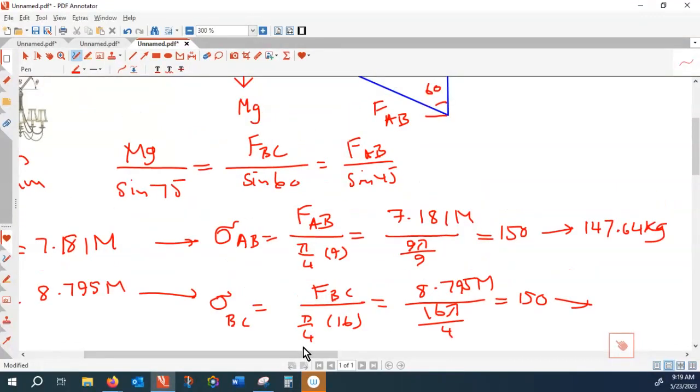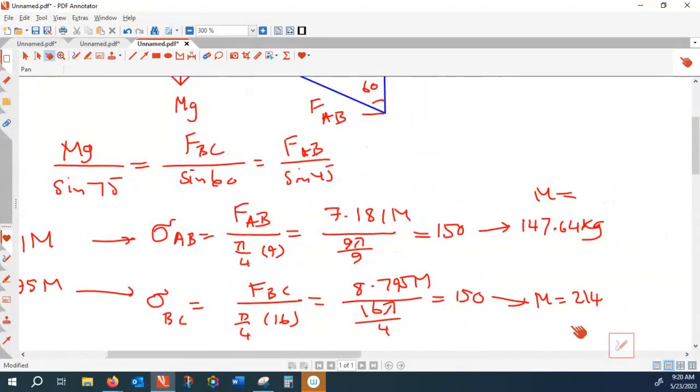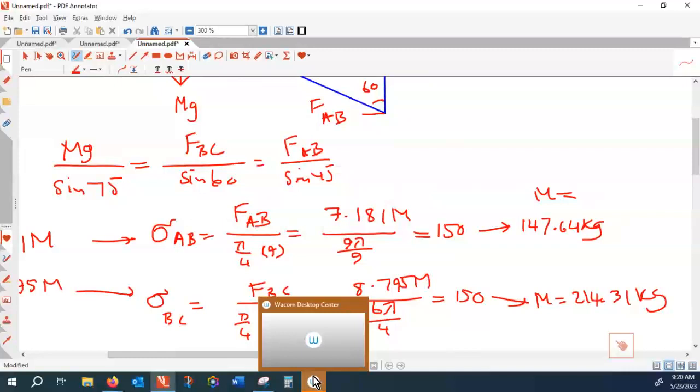And if I do the same thing with BC, this one gives me mass equal to 214.31. So which one should I keep? 147 is more conservative, right?